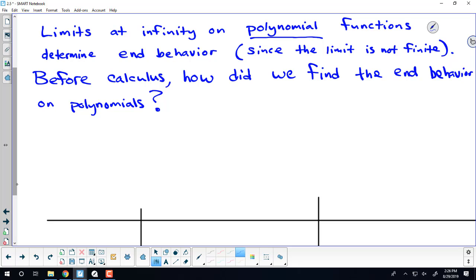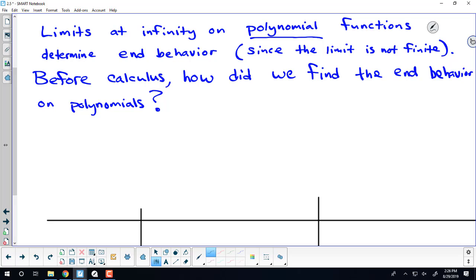Say whatever your negative x value was, whatever your positive x value was, and just kind of getting a mental image of generally speaking what it was doing. Was it going up, was it going down? So looking at specific x values.